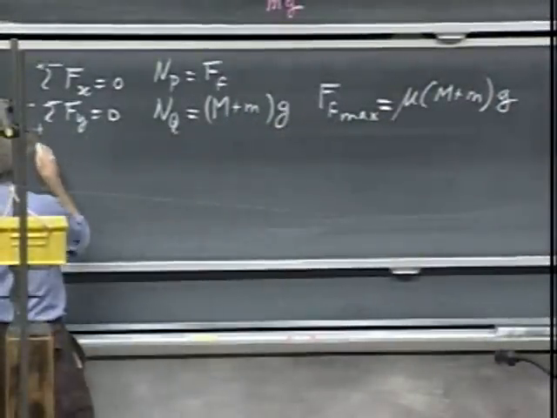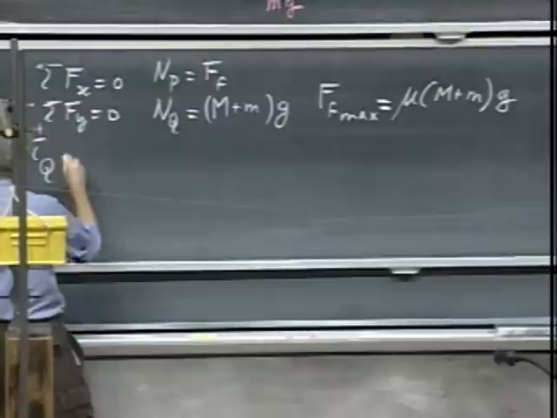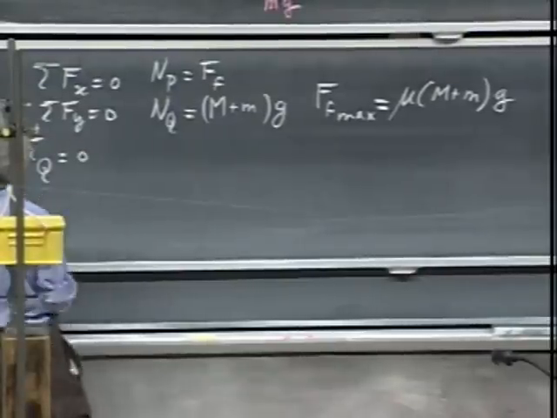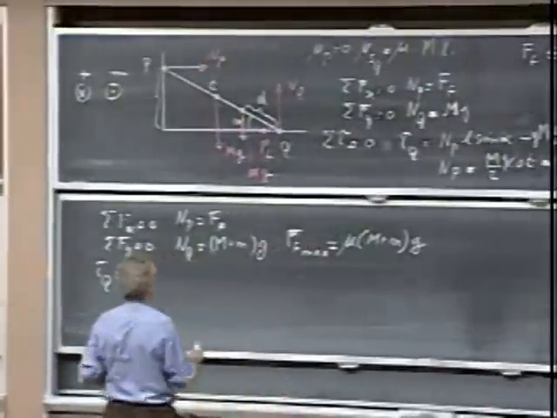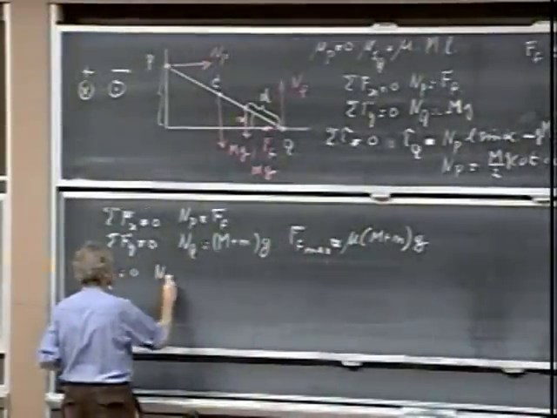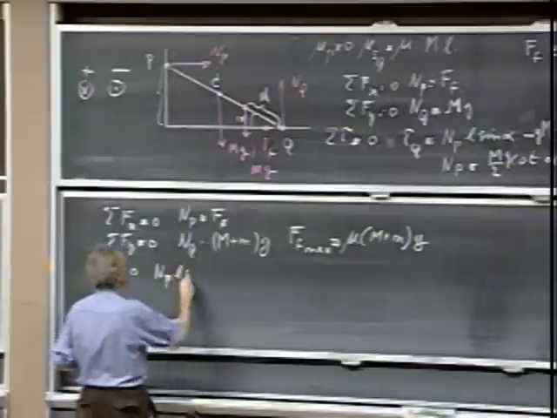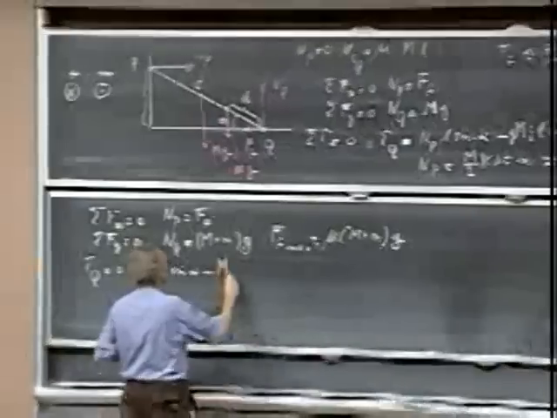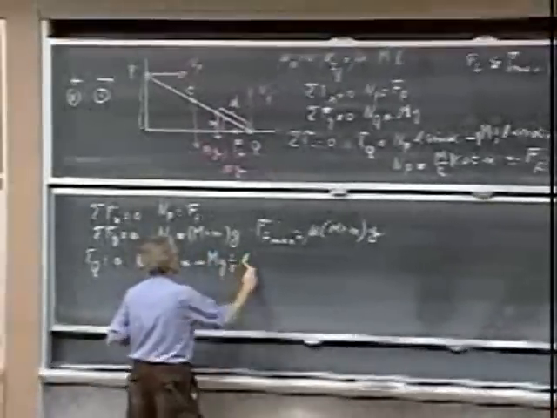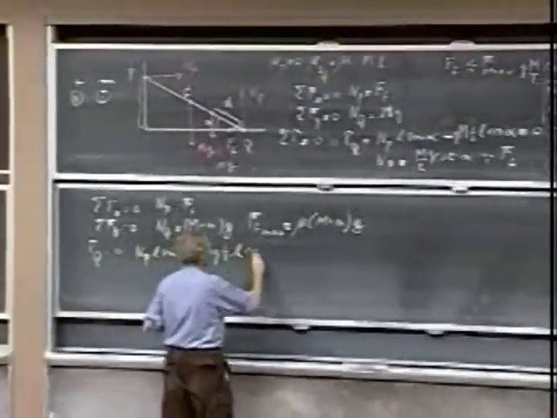Now we need that the torque, and I pick my point Q, relative to point Q, equals 0. Well, the first two terms haven't changed. So I have N of P times L sine alpha minus mg times 1/2 L times the cosine of alpha.